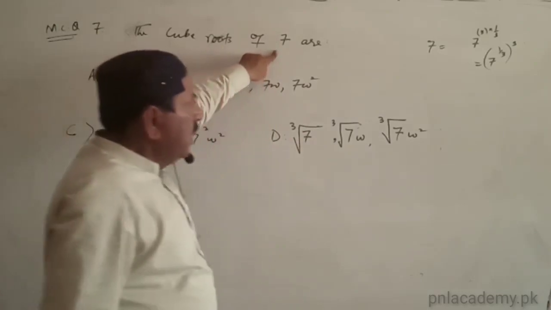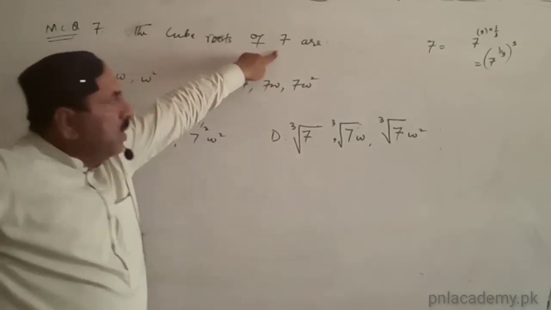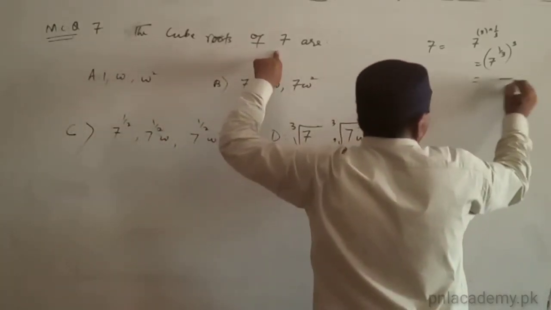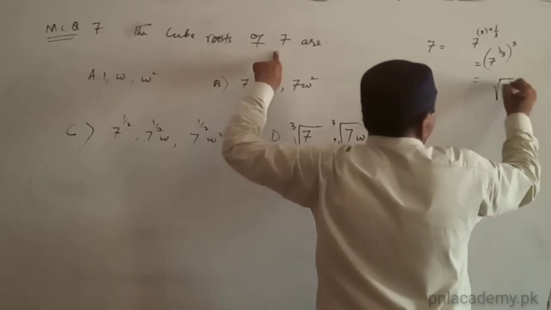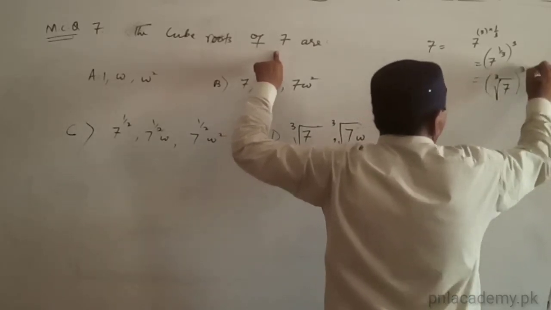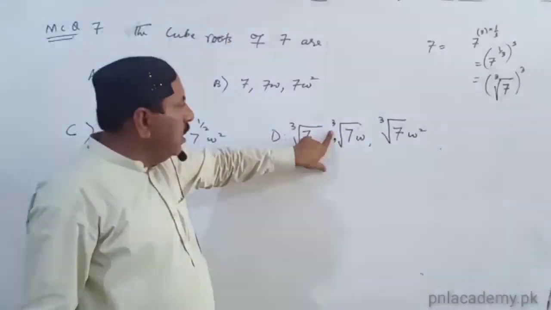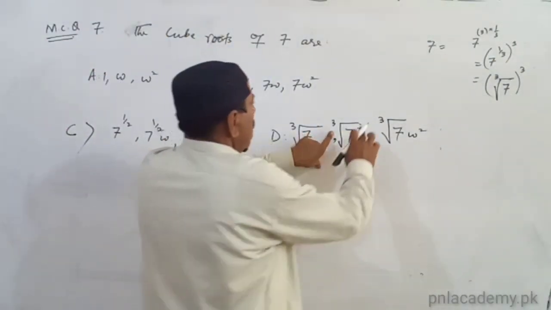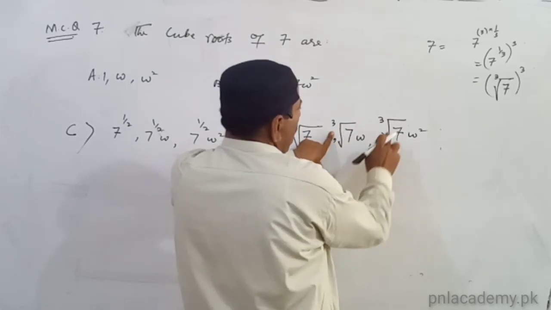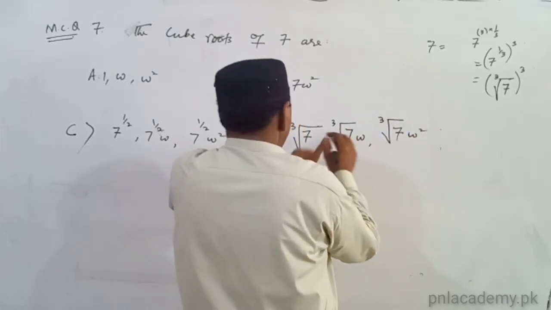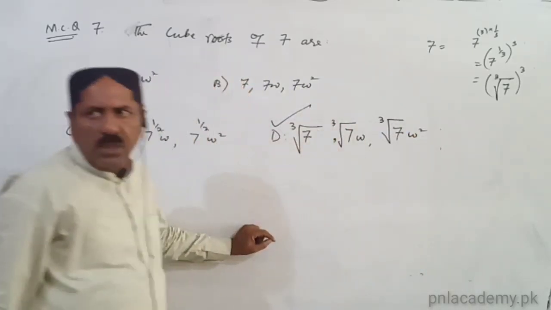So the cube root of 7 is equal to the third root of 7 whole cube. So this will be the third root of 7, the third root of 7 omega, and the third root of 7 omega square. So D is the correct option.